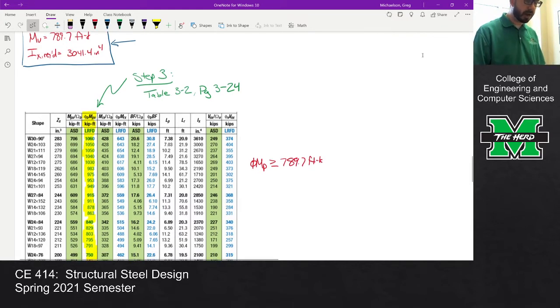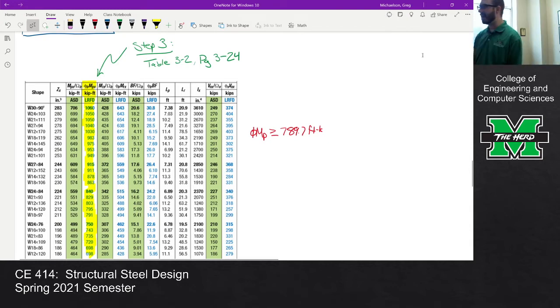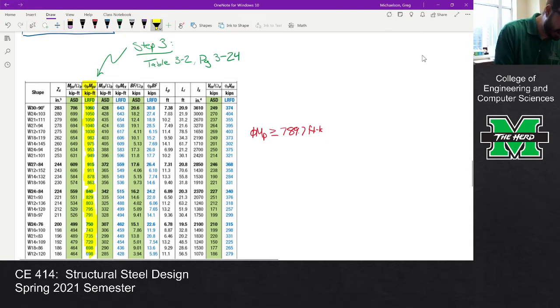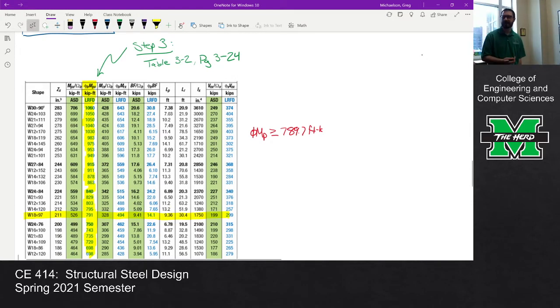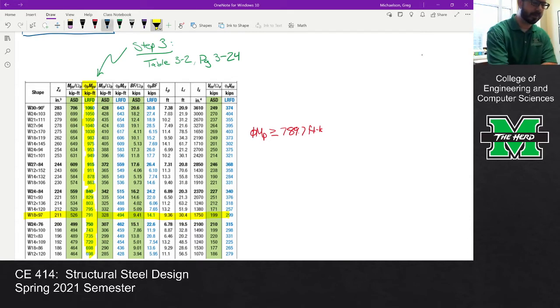Now what a lot of people did is they said, okay, 789.7, let's go with the 18 by 97. And sure, the 18 by 97 has enough capacity, but it weighs 97 pounds per foot.